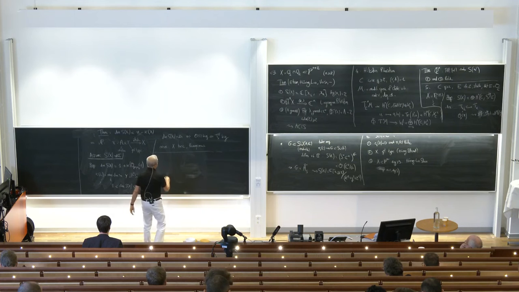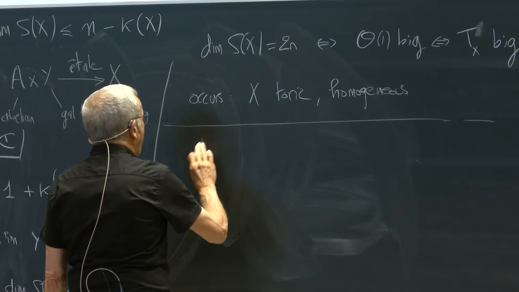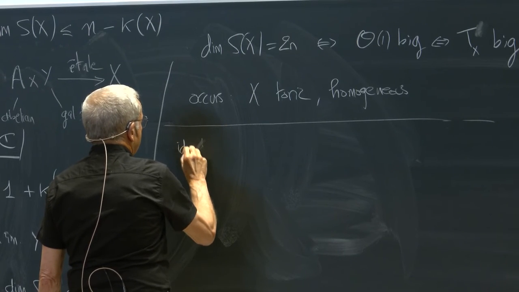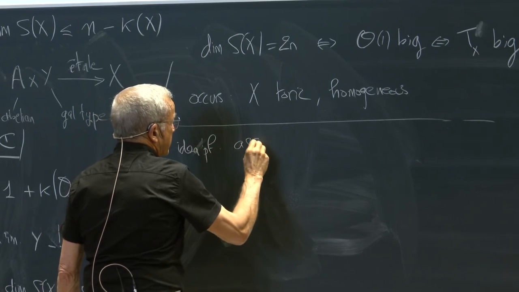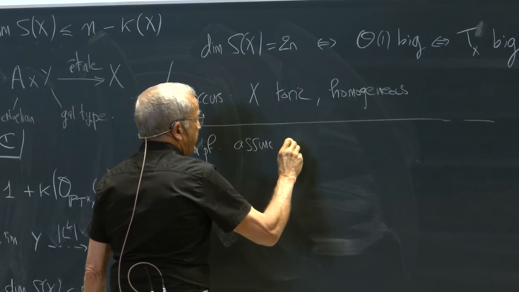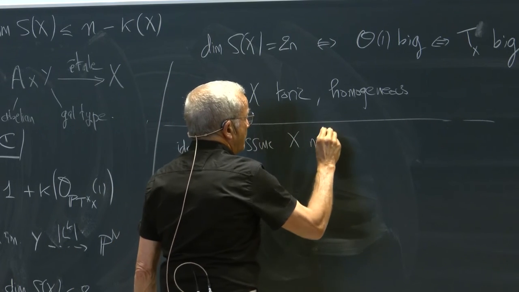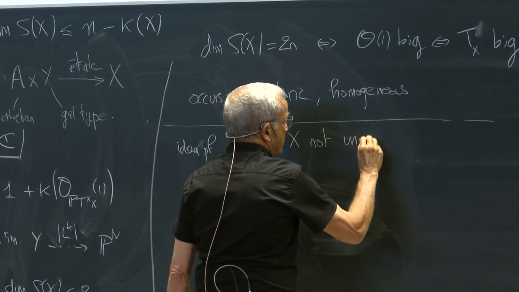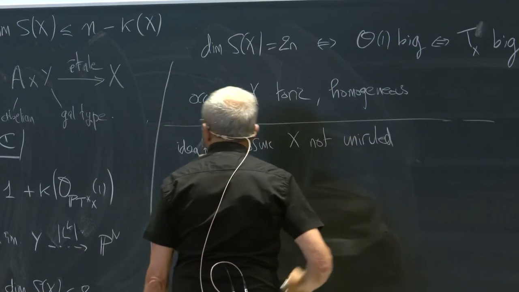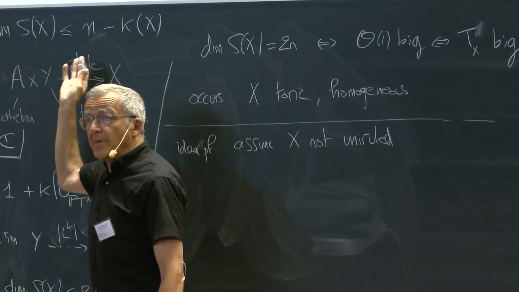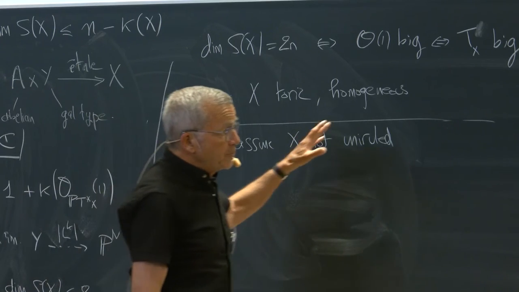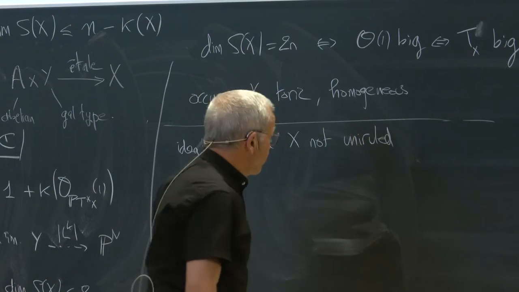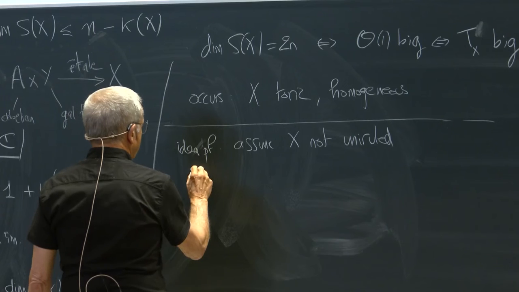And we may assume that X is not uniruled. If it is, the Kähler dimension is minus infinity, and there is nothing to prove. In this situation, there is a deep result of Höring-Peternell.